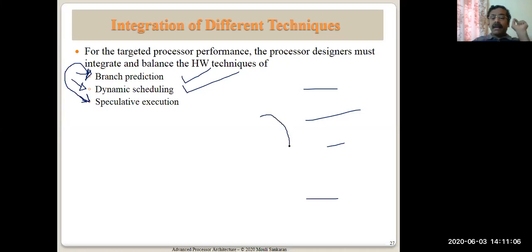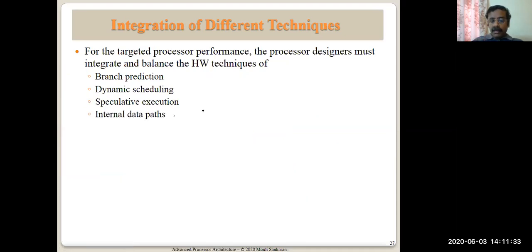That means the number of instructions that you can find in a basic block is coming down. If the basic block is smaller and smaller, you don't have sufficient instructions to keep your pipeline busy. You have to do speculative execution and branch prediction to keep your pipeline busy with many instructions. So you cannot avoid it.